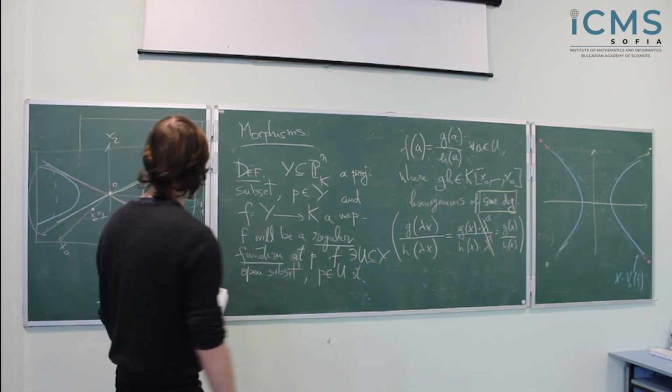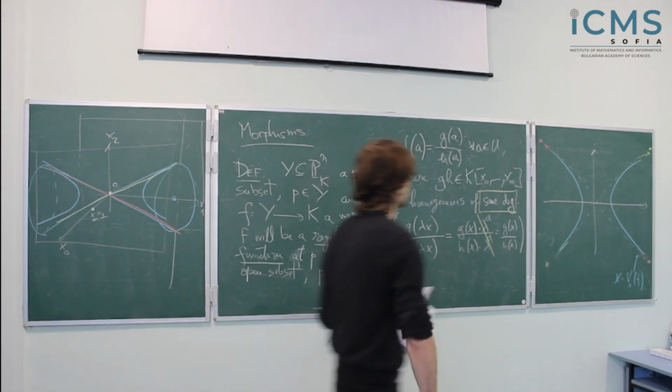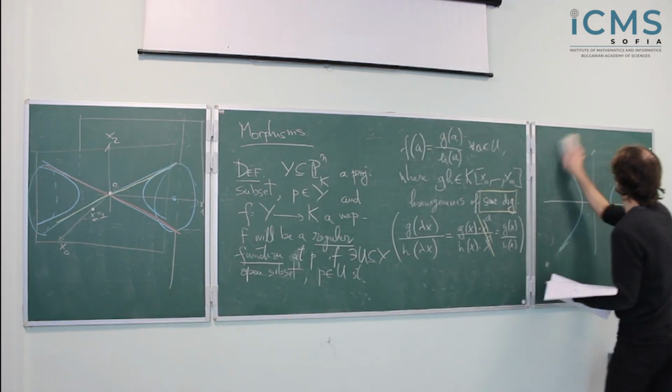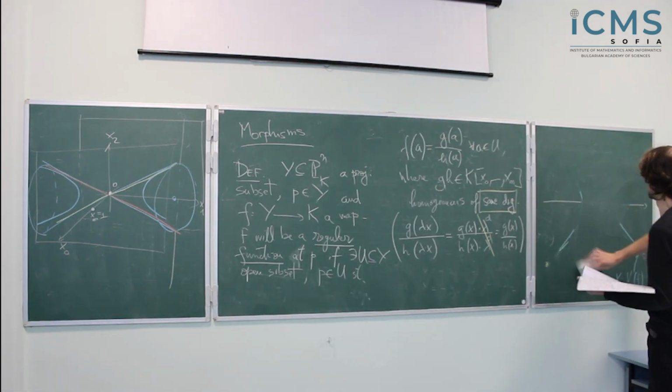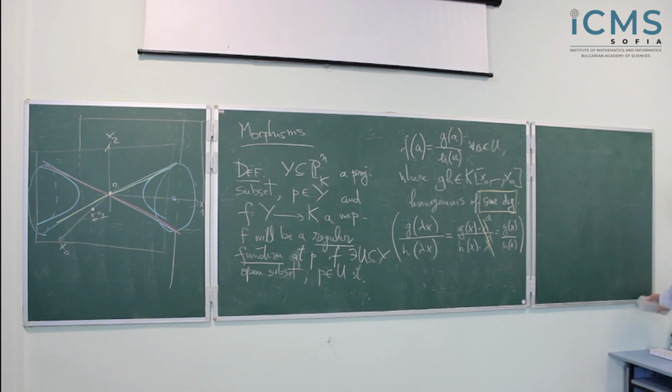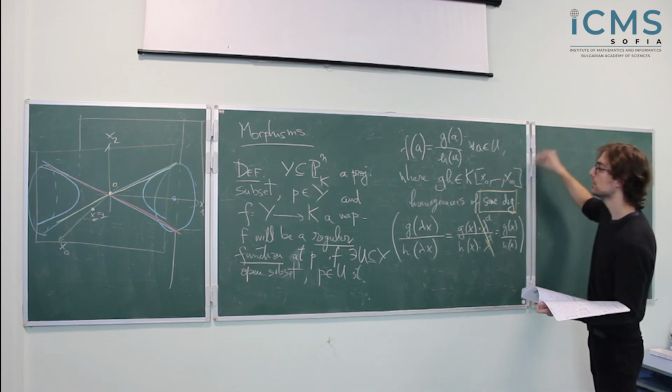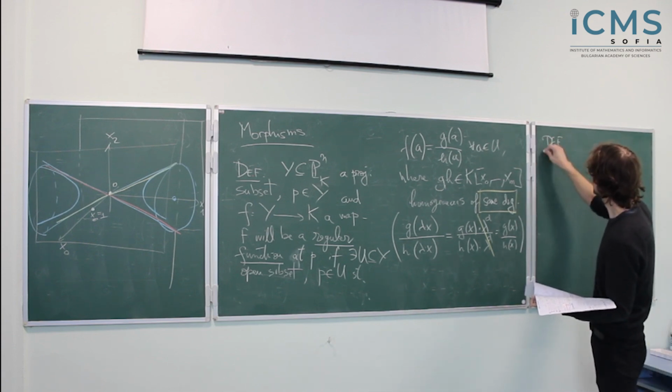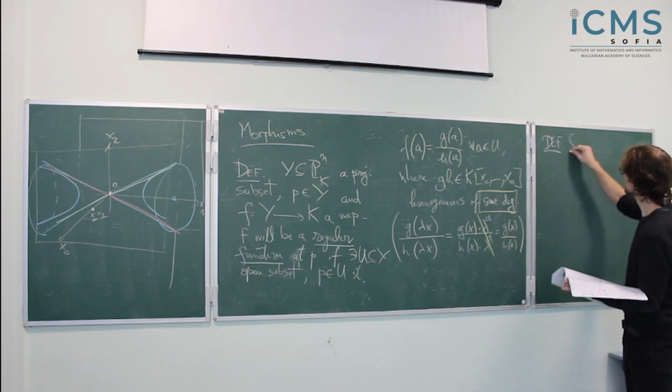Now let's see here. Where is this next? Okay, so this is one of the definitions, so the other one is a morphism.